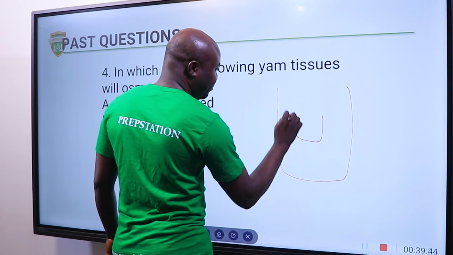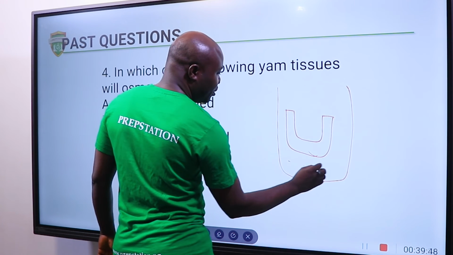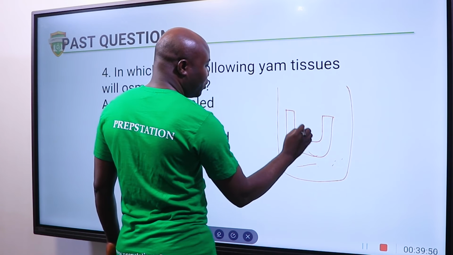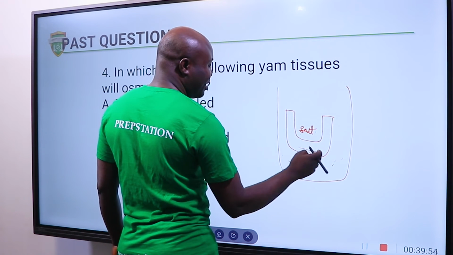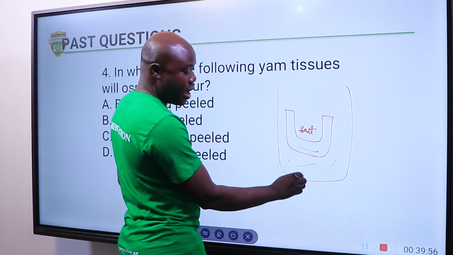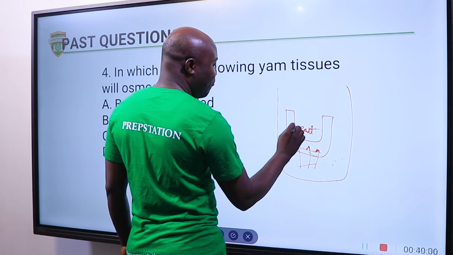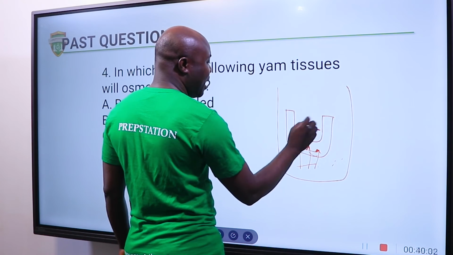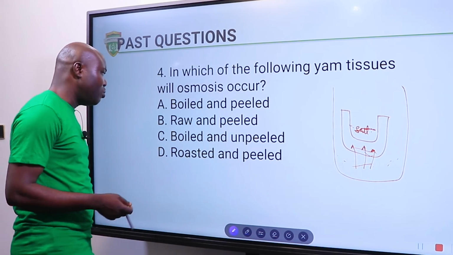Now get yam, cut it like this. This is water, right? Then put salt here. Let's say this is salt solution, add little water and leave it. Now it is expected that the water here moves. That means the level of the solution in the salt, in the yam is expected to rise at the end of the experiment. So let's see, what should be the answer?